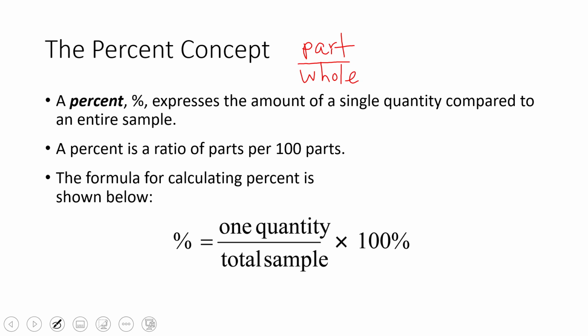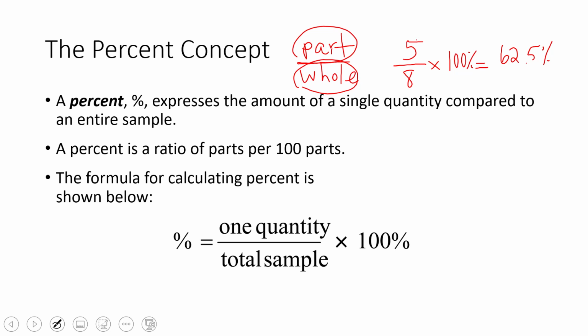If somebody ate 5 pieces of pizza and there were 8 pieces total, we could say 5 divided by 8, and then times it by 100, and say that they ate 62.5% of the pizza. So we're taking part over whole.